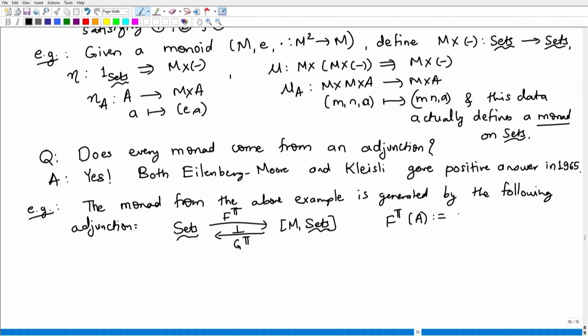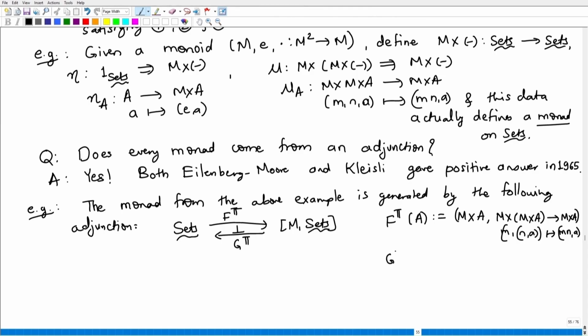It takes M cross A as the set, and then I have to give you the action of M on M cross A. So M cross A to M cross A. This is the action. It takes (m, n, A) to (mn, A).